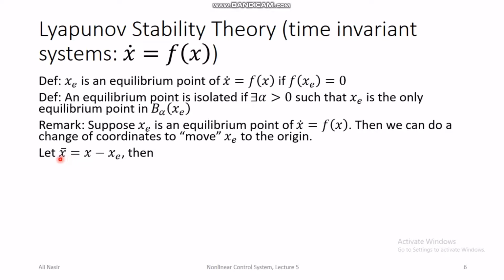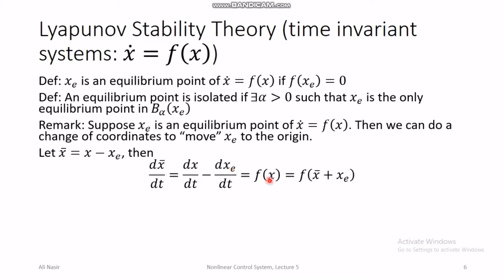So you define new coordinates or new state vector x bar, which is the original state vector minus xe. Then what happens? Since xe is a constant, if you take derivatives on both sides of this equation, dx bar by dt will be dx by dt minus dxe by dt, which is 0 because xe is constant, it's a single value of x.